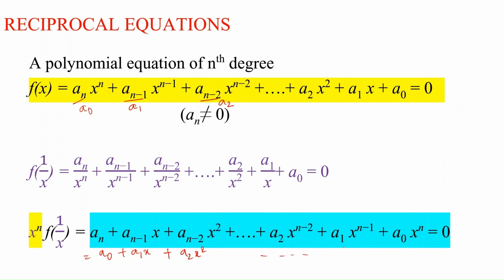In a similar way, here we have a_(n-1) into x power n minus 1 plus a_n x power n after substituting those values. Now, if we look into this, it is the same as the original equation we have taken. After simplification, we have got back the original equation f of x.